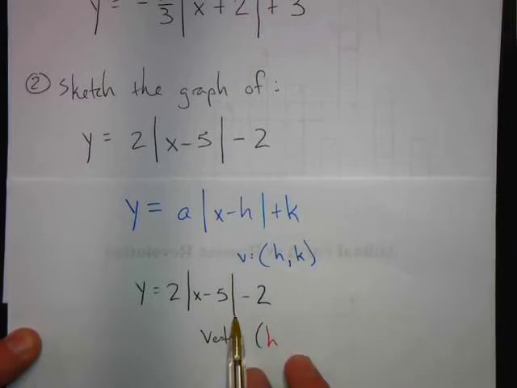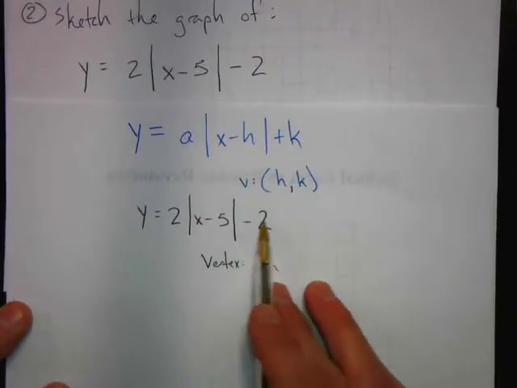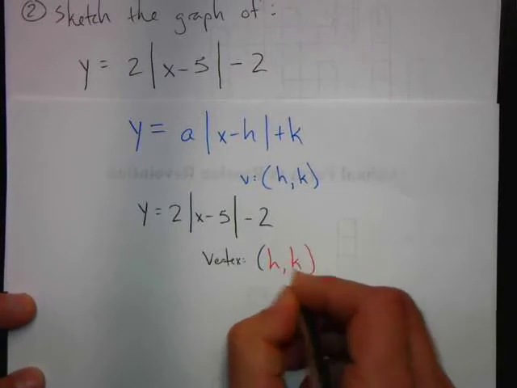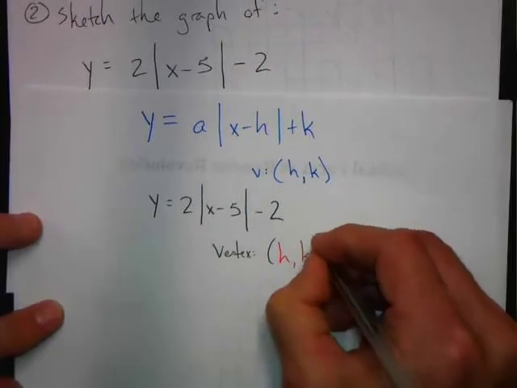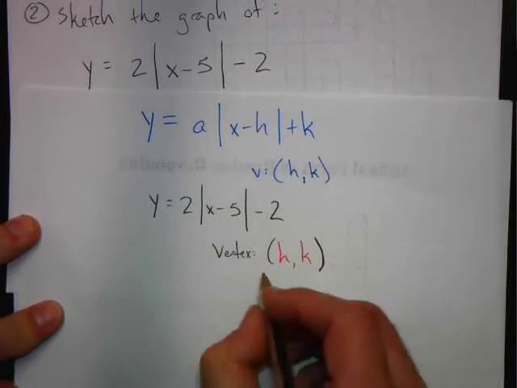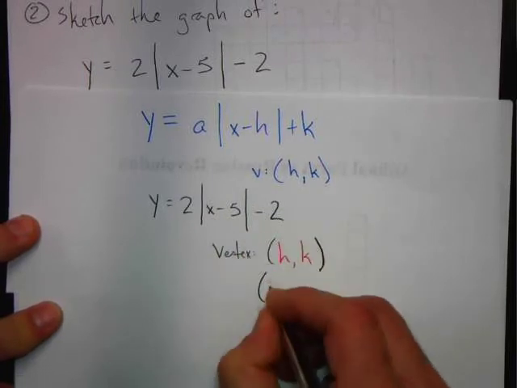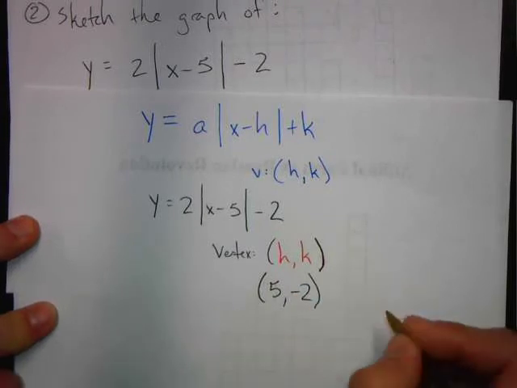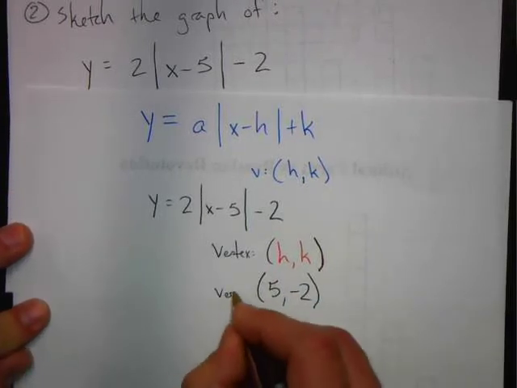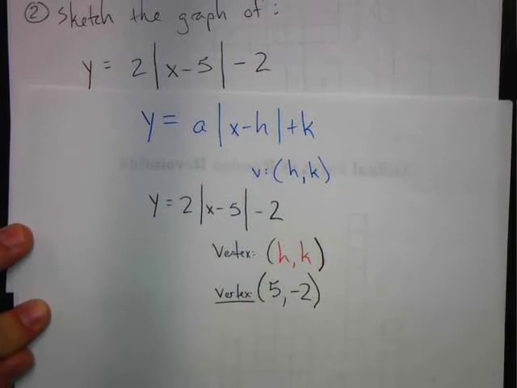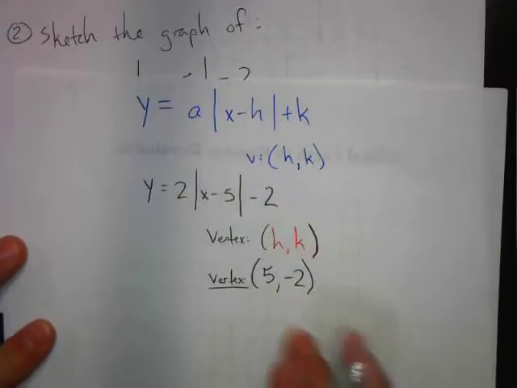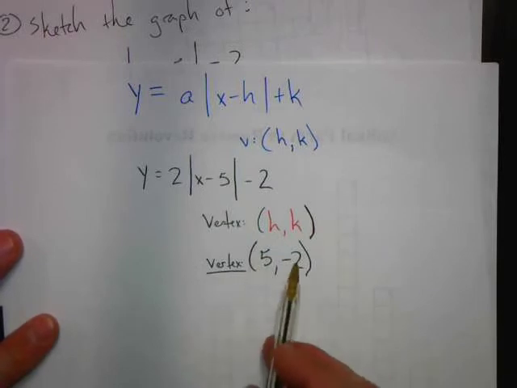And here in our equation, we have the minus 2 out there, and it's going to be minus 2 on the inside as well. So the vertex in our given equation is going to be 5 and negative 2. That is the vertex of the equation that we're looking at. Okay, so just by staring at that form and knowing how a vertex form looks, we're given the vertex.